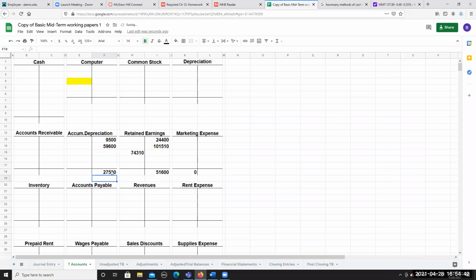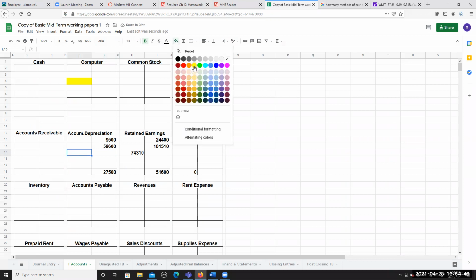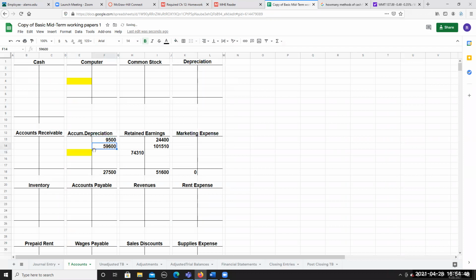27.5. So what do we need over here to end up? So this plus this minus this will equal that. So let's see, 9,500 plus the 59.6 depreciation expense is 69, minus 27.5 means that piece of equipment we got rid of was 41.6.